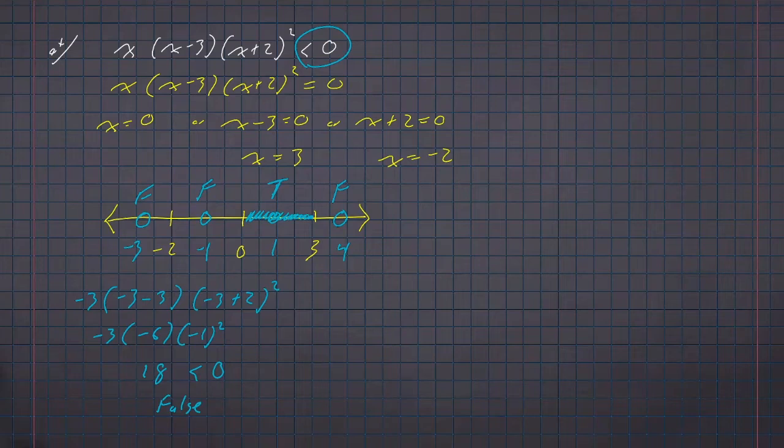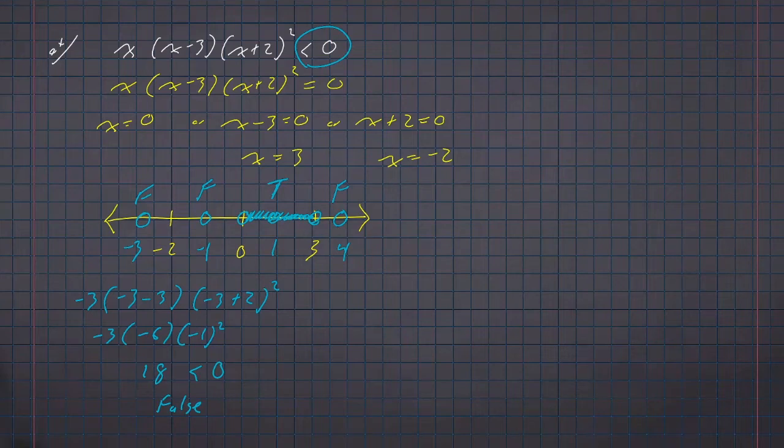Since we're looking at strictly less than 0, the places where the polynomial is equal to 0 are not solutions to the inequality. So I'll put an open circle at 0 and at 3 to remind myself that I do not want to include those when I write the solution set in interval notation.